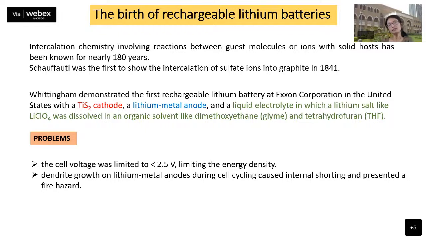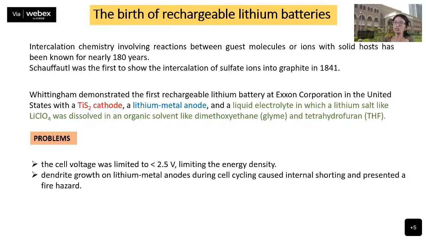And then, as I explained before, there was dendrite growth of the lithium metal anode during cell cycling. As lithium from the anode moves to the cathode and gets intercalated into the titanium sulfide, what happens in this continuous cycling process is that when the lithium goes back from the TiS2 to the anode, it might sit on the same place over the anode.